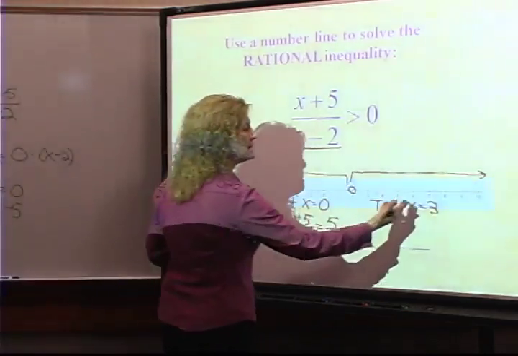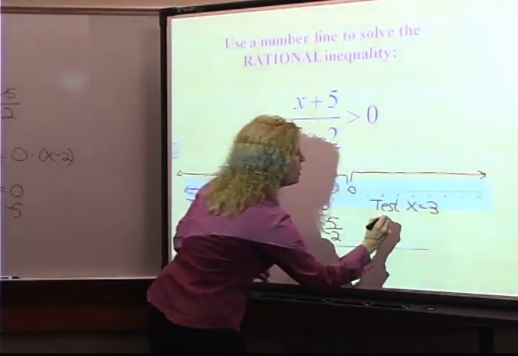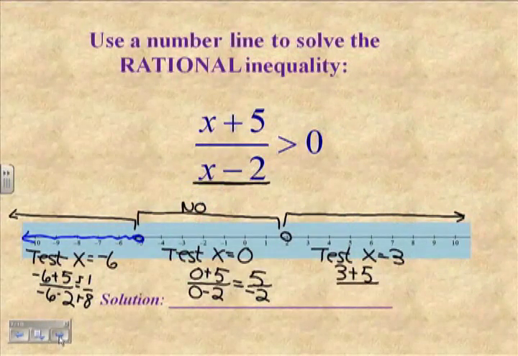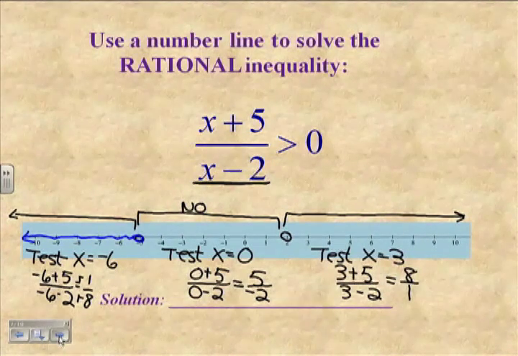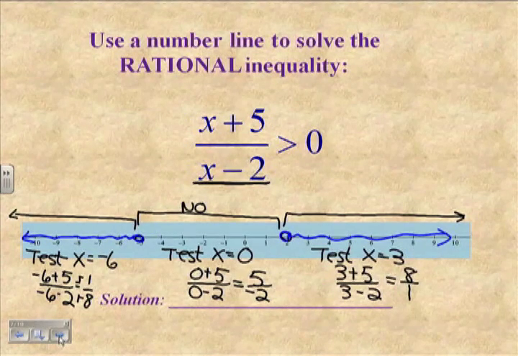I'm going to test where x is 3. Well, that's 3 plus 5 over 3 minus 2. That's 8 over 1. That's bigger than 0. So I also want everything bigger than 2.